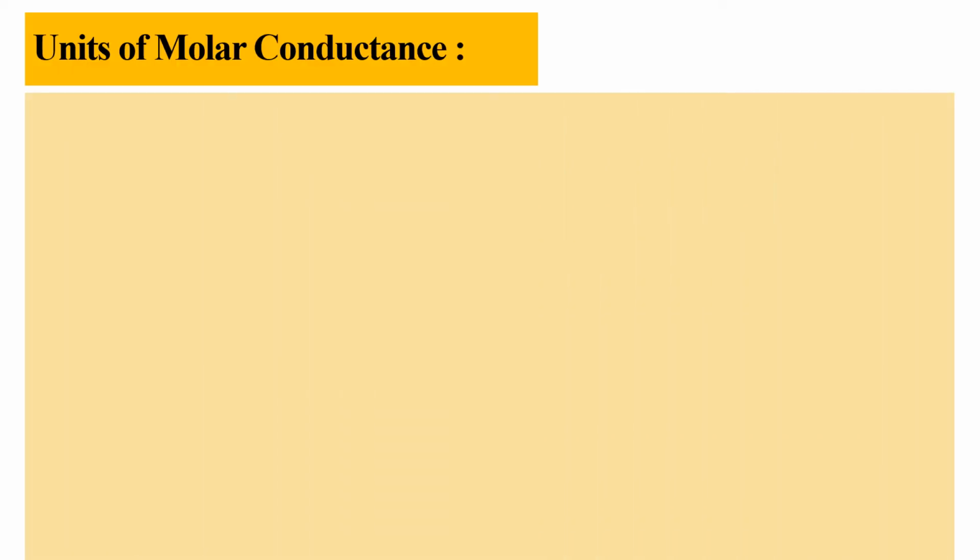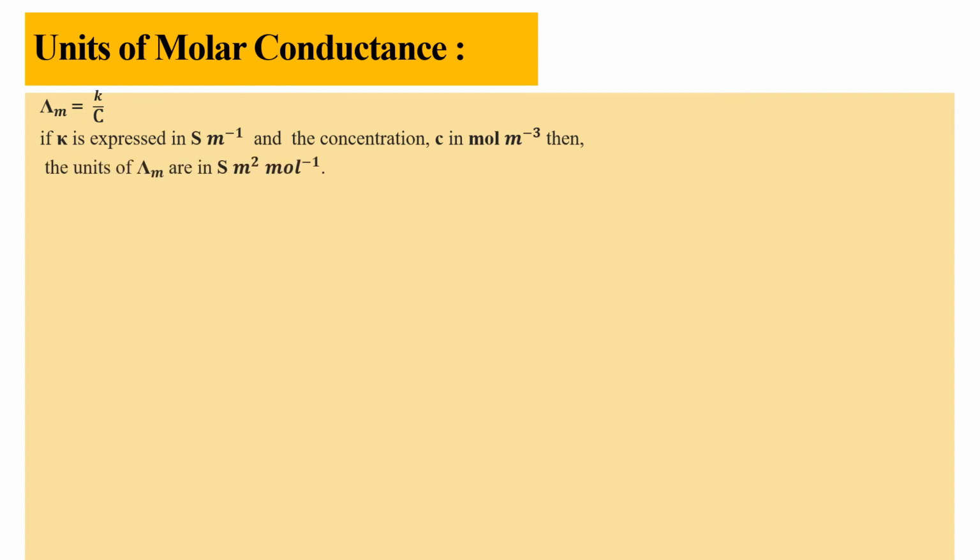Now, the units of molar conductance. As we know, molar conductance equals conductivity upon concentration. If conductivity is expressed in Siemens meter inverse and molar concentration is in mole per meter cube, then the unit of molar conductivity will become Siemens meter square mole inverse.